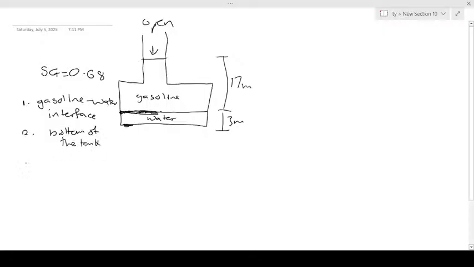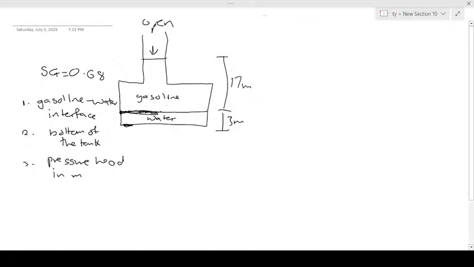Thirdly, we are asked to express the pressure at the gasoline-water interface as pressure head in meters of the water column.